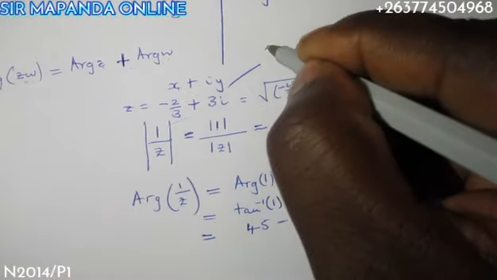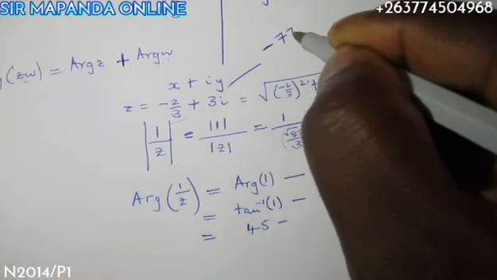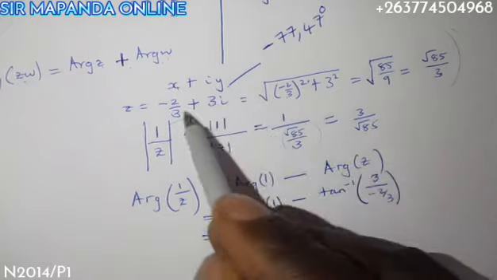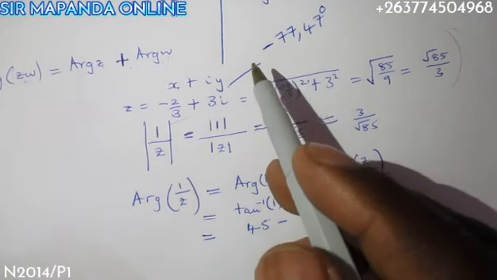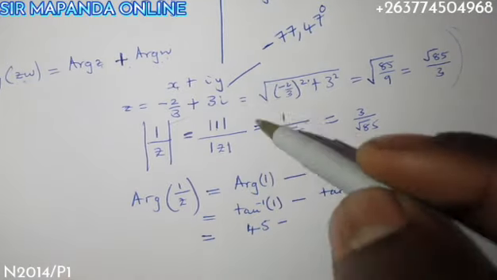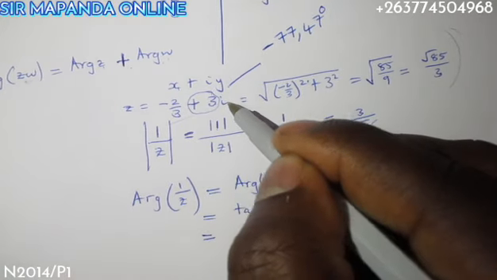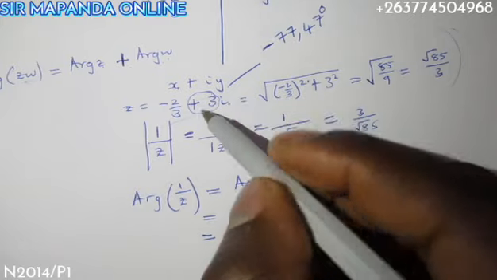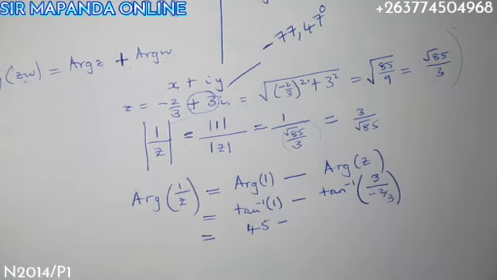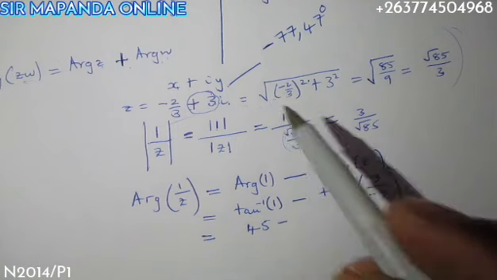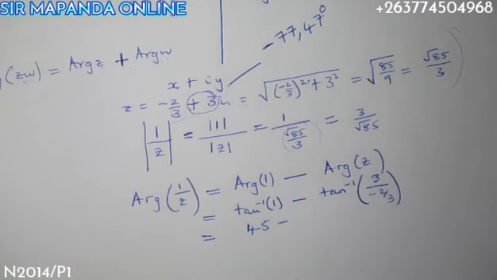If you are getting negative 77.47 degrees as the argument of z, it needs to be adjusted. Why? Because the coefficient of the imaginary part, which is plus 3, determines whether your answer is going to be plus or minus. In this case, we have plus 3, so our angle must be a positive angle.